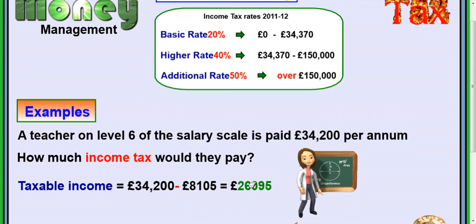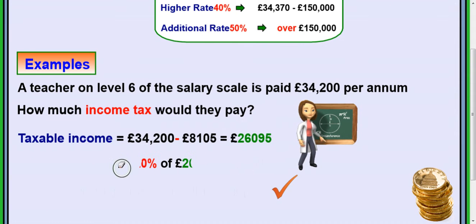They can tax that. Now what we do with this is we have to find out if it's in one category or it splits into two categories, or even three sometimes. So this £26,000 is in this first category. It's between 0 and 34,000. It's not over 34,370, so we don't need to worry about the 40% tax band. So basically the tax is 20% of this.